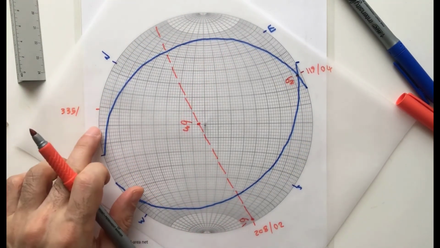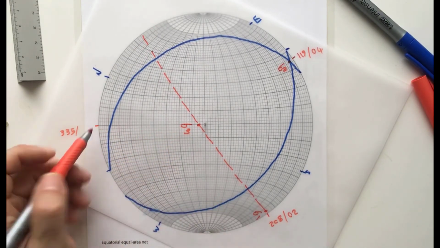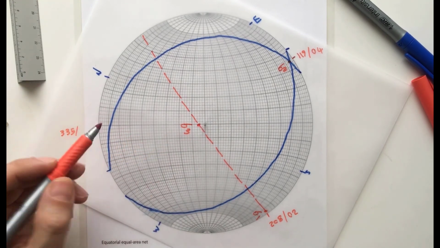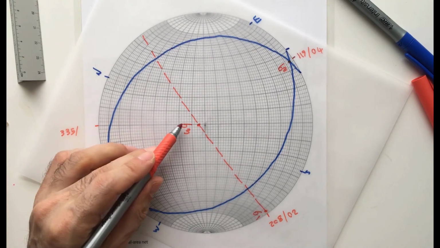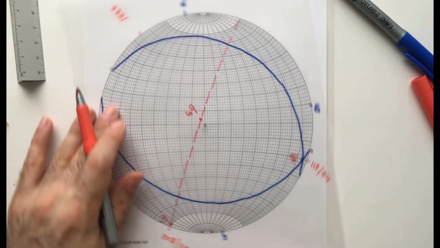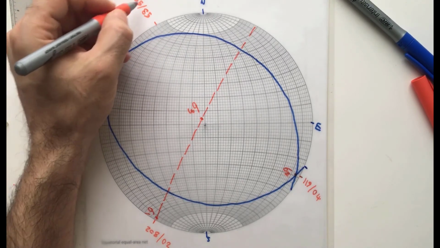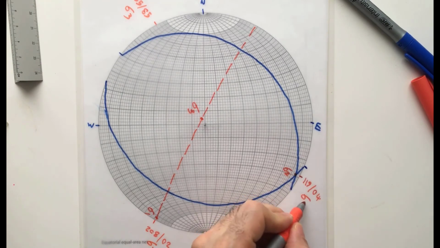So rather than counting this, you can count this and subtract from 90, whatever is easier for you. 10, 20, 30, 40, 50, 60, 70, 80, 85. So this is 85. This is the trend and plunge of sigma 3. This is the trend and plunge of sigma 1, and this is for sigma 2.